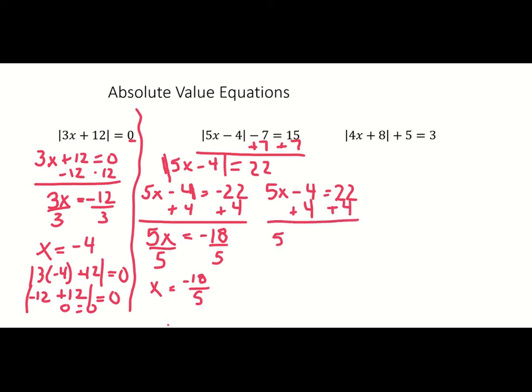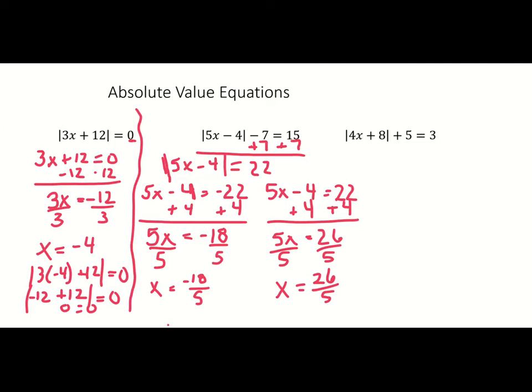And I get 5x equals 26, divide by 5, and x equals 26 over 5. All right, I want you guys to take a second and check both solutions. And then once you do that, I think you'll see that both of them actually do work.